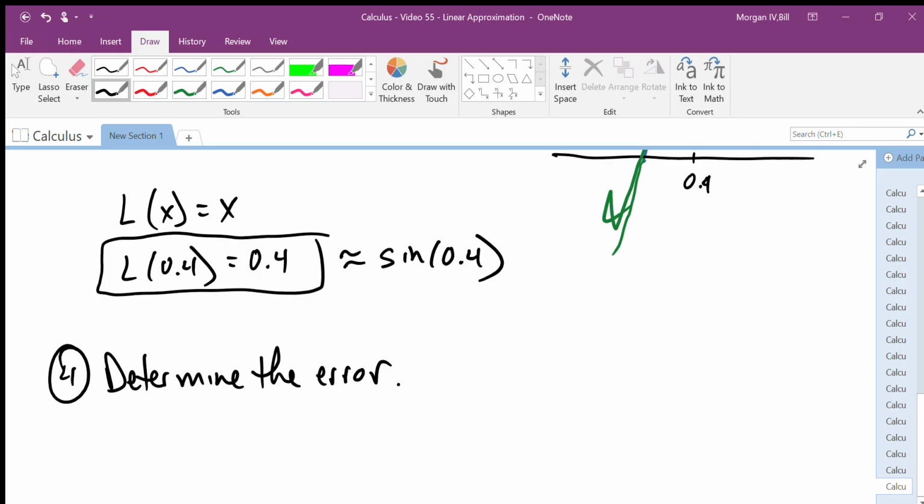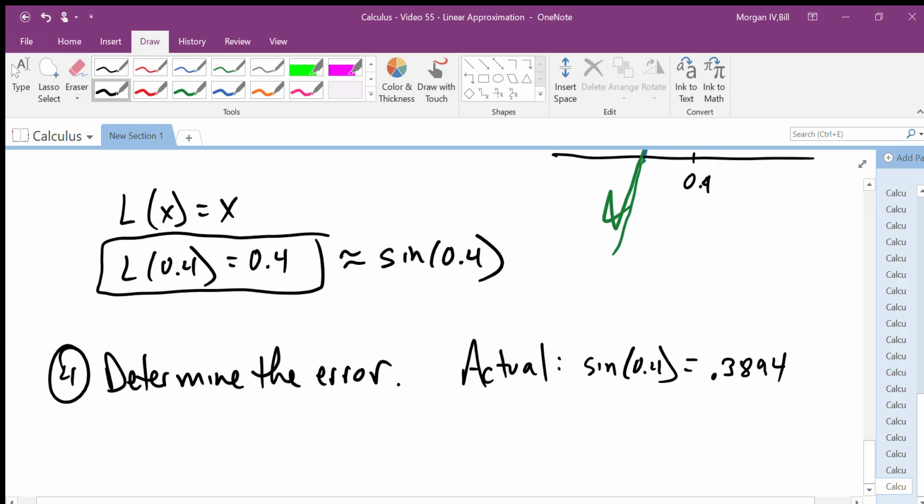Well, take your calculator, make sure that it's in radians, and find the sine of 0.4, the actual function value at 0.4. So to determine the error, we'll need the actual. The actual value is the sine of 0.4, and we find that that is about 0.3894.